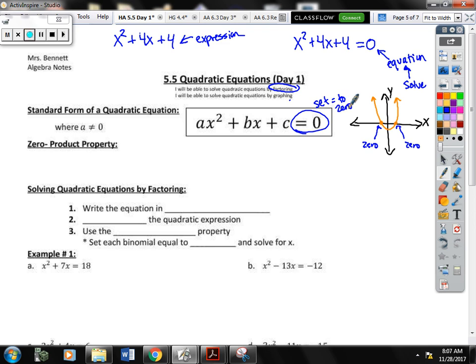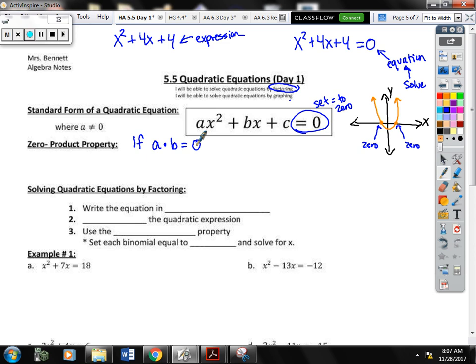If it's not set equal to 0, you'll have to move some things around using inverse operations. And then we're going to use what's called the zero product property. The zero product property says that if the product of two things equals 0, so if a times b equals 0, then either a has to be 0 or b has to be 0.